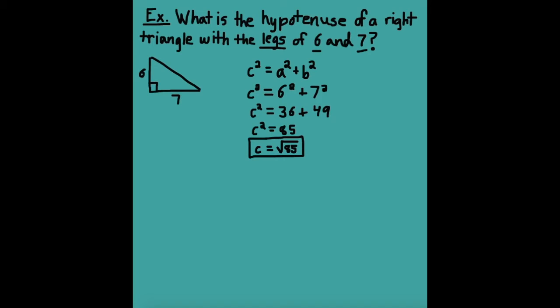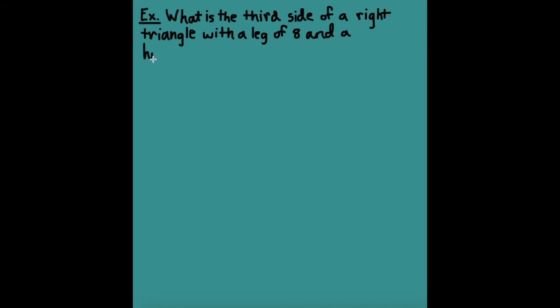Let's try another example. What is the third side of a right triangle with the leg of 8 and a hypotenuse of 8 root 2? In this problem, they gave us a leg and a hypotenuse.